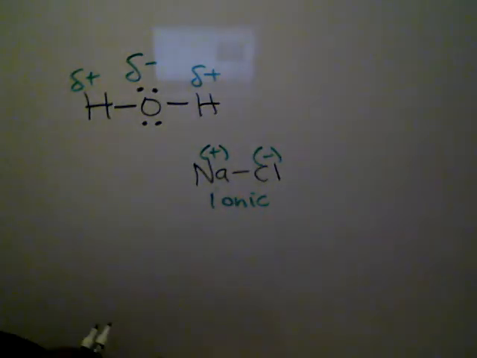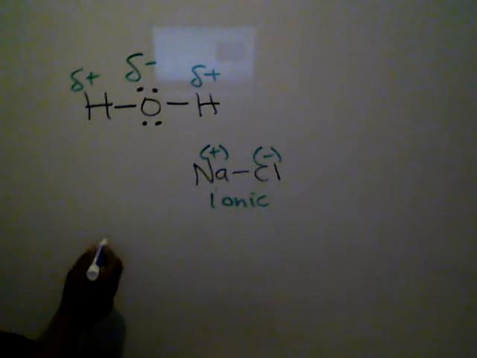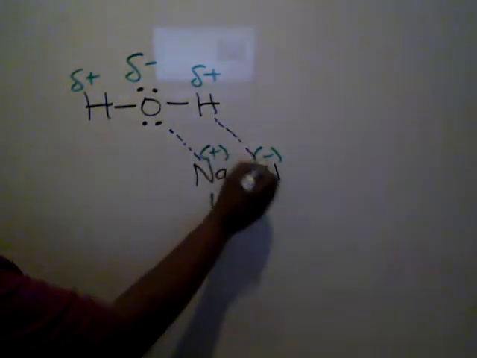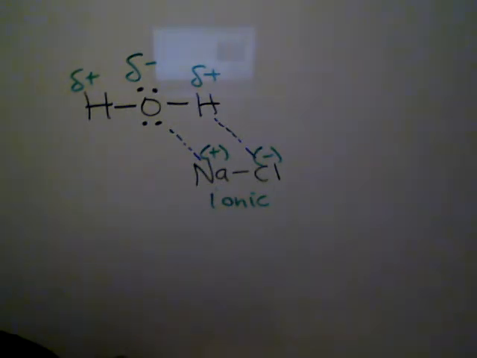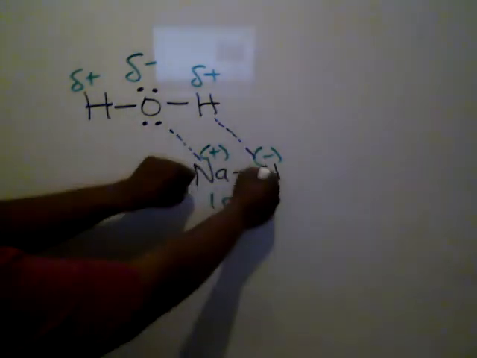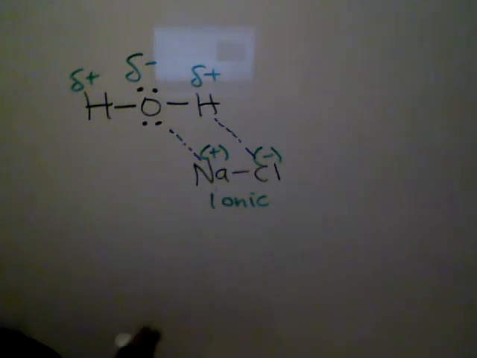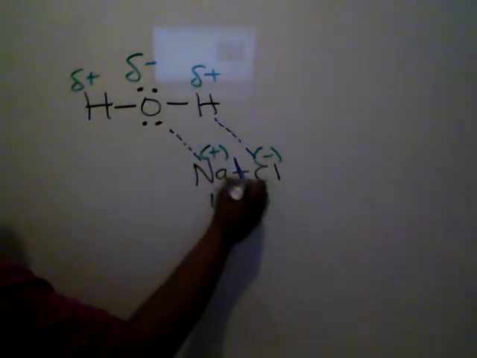The negative part of the oxygen can be attracted to the sodium, and the positive hydrogen can be attracted to the chlorine. Literally what water can do is attach to these ends and pull those two elements apart and break this bond.